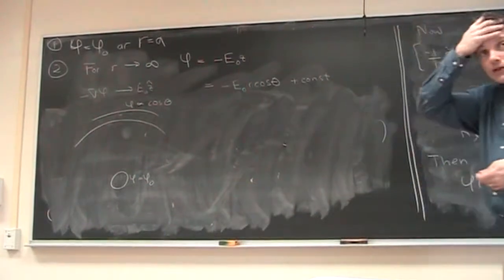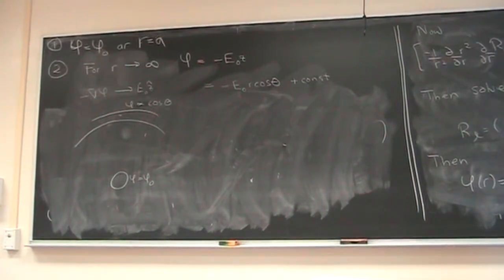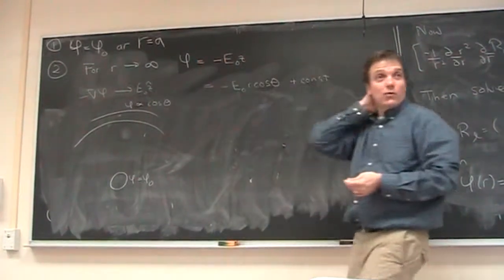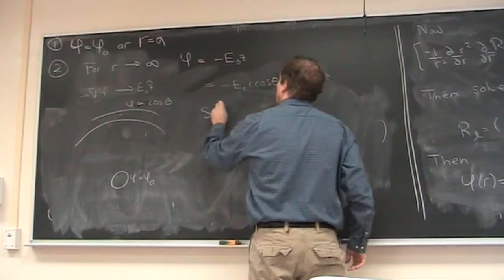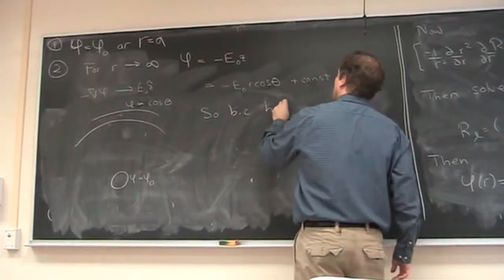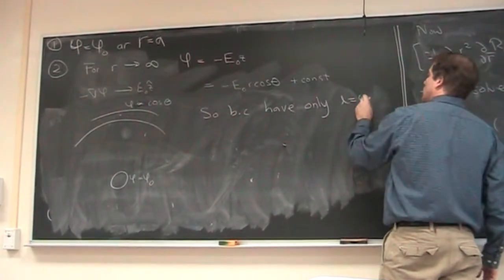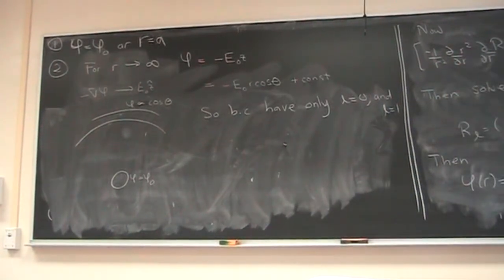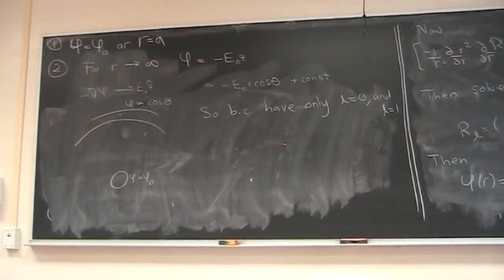If I think about which Legendre polynomials I need to express this boundary data, I only need the L equals 0 Legendre polynomial, which is a constant, and the L equals 1 Legendre polynomial, which is cosine theta. So the boundary conditions have only L equals 0 and L equals 1, and since the boundary conditions only have L equals 0 and L equals 1, the solution will only have L equals 0 and L equals 1.